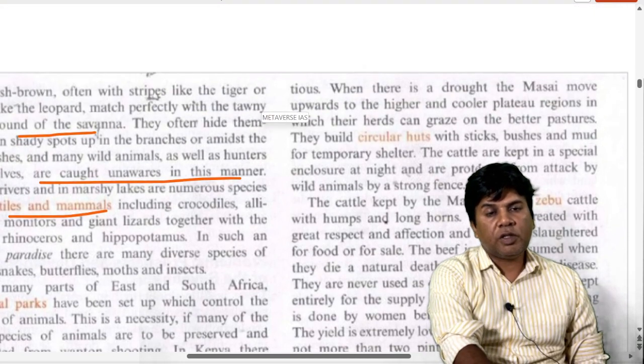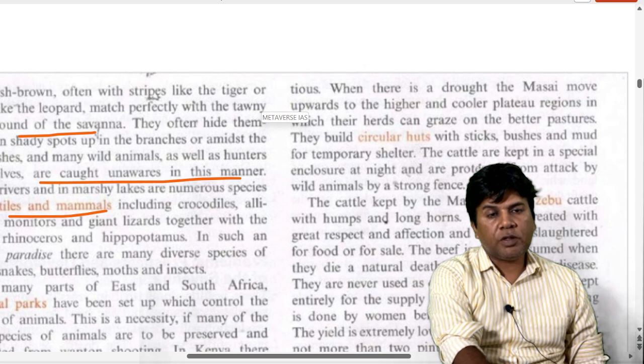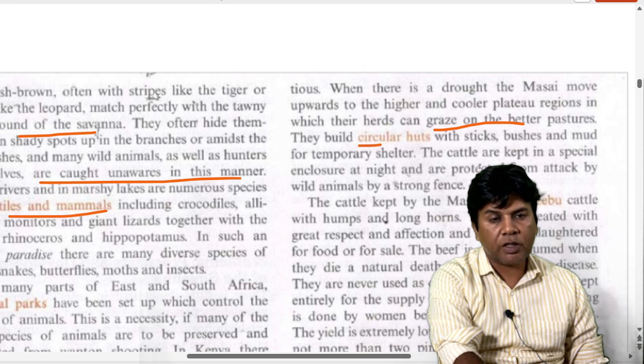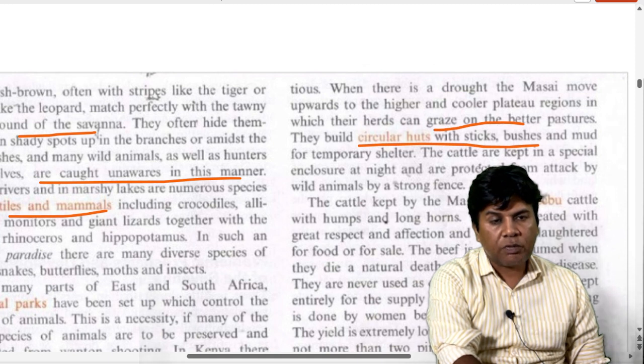When there is a drought, the Maasai move upward to the higher and cooler plateau region in which their herds can graze on a better pasture. They build circular huts with sticks, bushes and mud for temporary shelter. The cattle are kept in a special enclosure at night and are protected from attack by wild animals by strong fences.